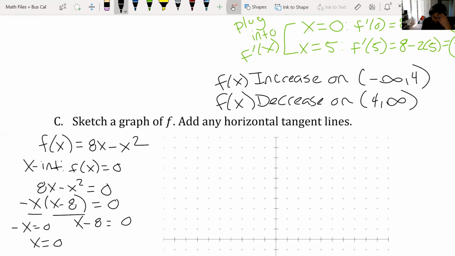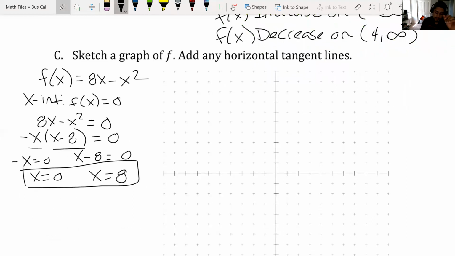Therefore, x equals 0, and x equals 8. These are my x-intercepts, and you only get these if they're easy to find. This one was pretty easy to find. So I have an x-intercept at (0, 0) and an x-intercept at (8, 0).